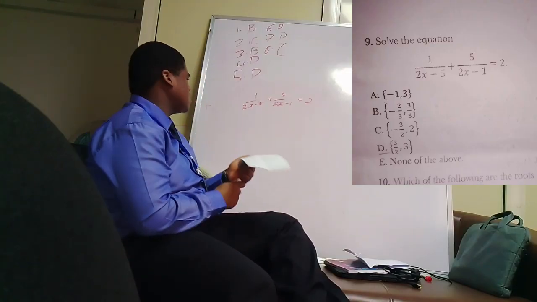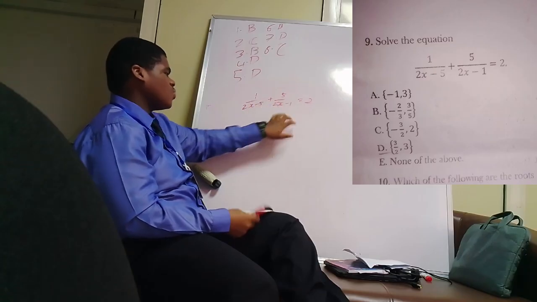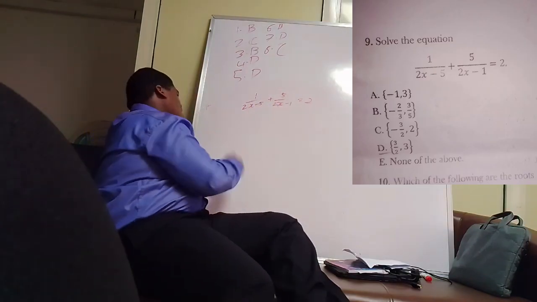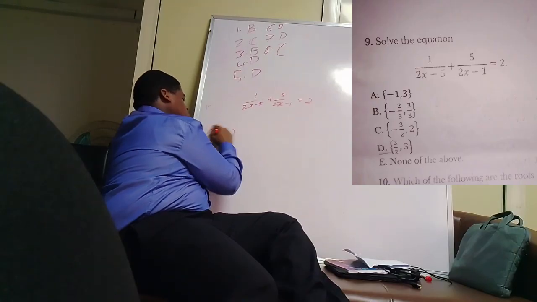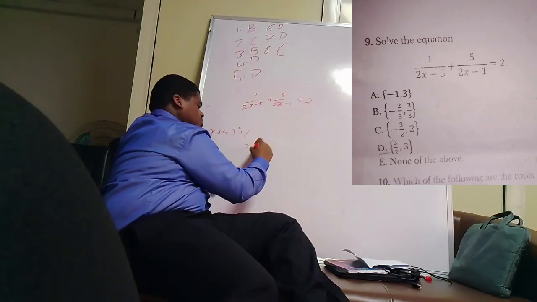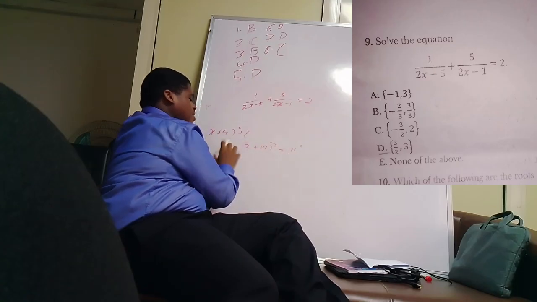So what I did in the example was to find the midpoint of 2x minus 5 and 2x minus 1. And if you watch, there's a video on my page where you have x plus 9 all squared plus x plus 10 all squared plus x plus 11 all squared all the way down to x plus 19 all squared is equal to 11 squared. Let's find the value of x.